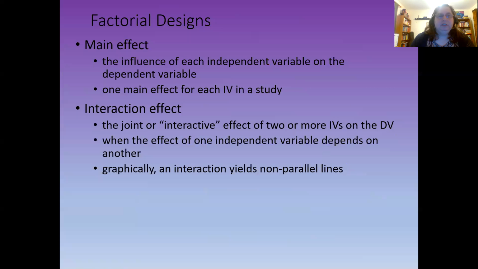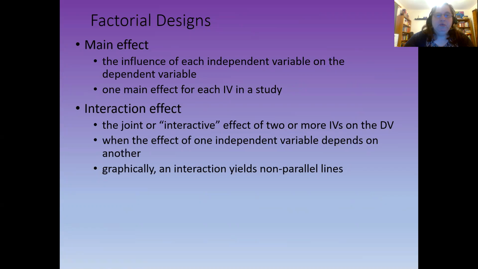Now, interaction effect is the joint or interactive effect of 2 or more independent variables on the DV, just like we talked about, when the effect of one independent variable depends on another. Now, in interaction, you'll see when we do these line graphs, and you saw one line graph when we were doing the repeated measures.